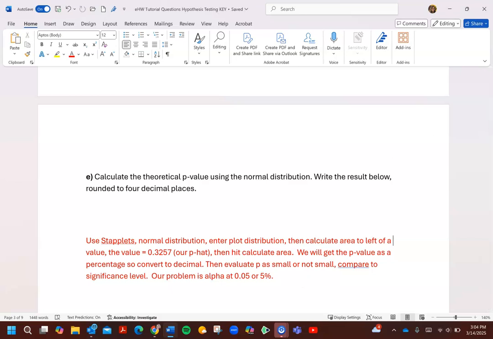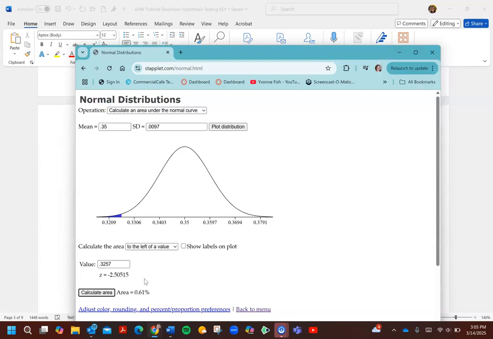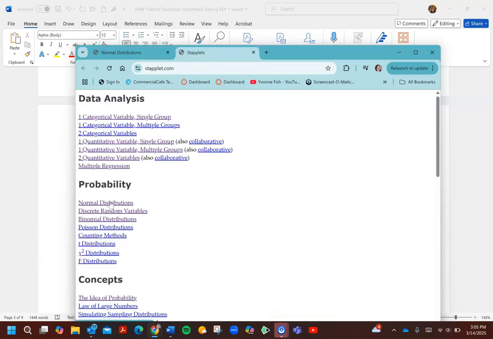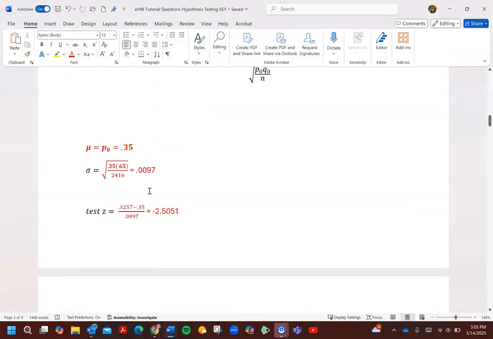But here I'll show you in Staplet how I set it up. So just a little refresher here, we would want to, from the main menu, go to normal distribution, and then you would put in the mean, which we're using 0.35. Standard deviation was from here, the 0.0097.